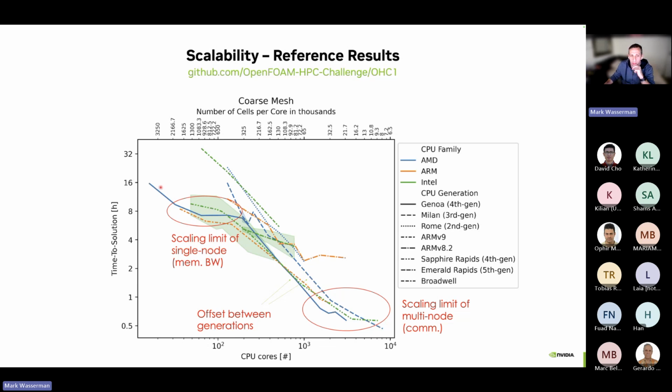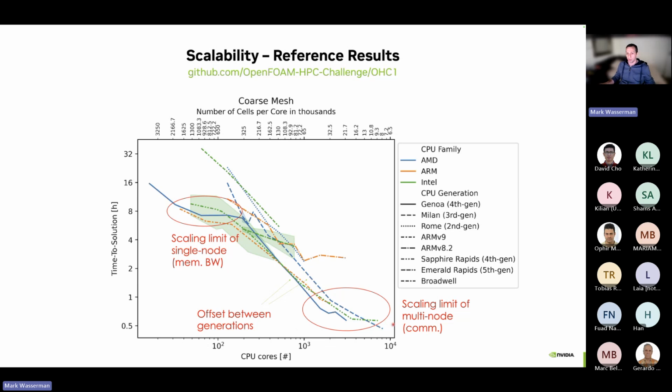And this limit was manifested in the fact that even though we increased the available computational power by allocating more CPU cores on a single node, we didn't get any improvement in performance. And we do expect you to see that as well, and analyze that as part of your analysis of scalability.